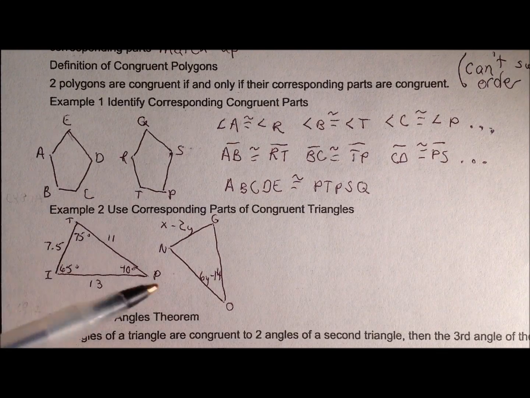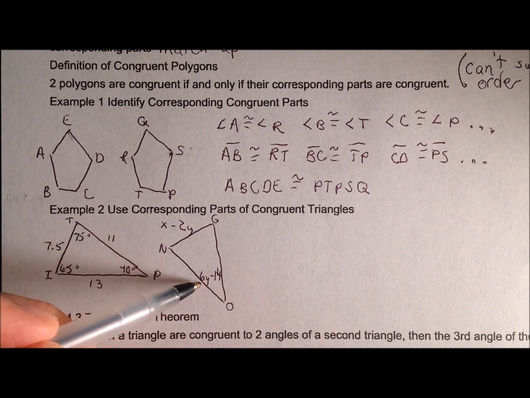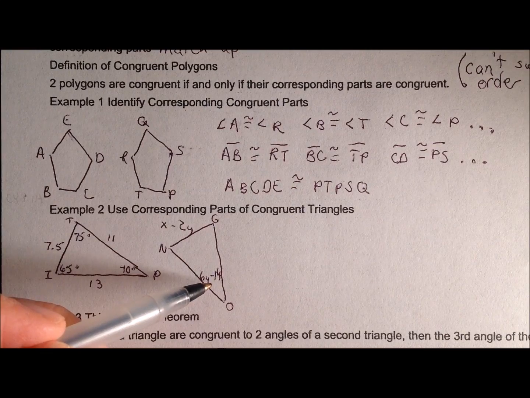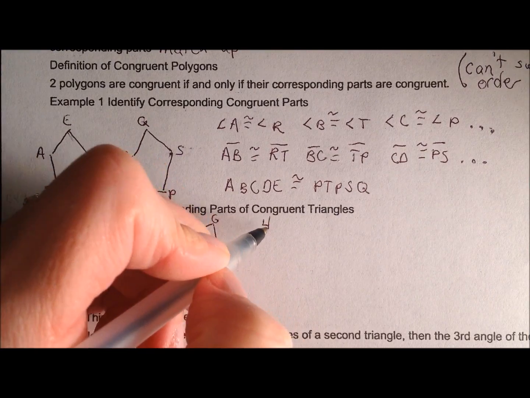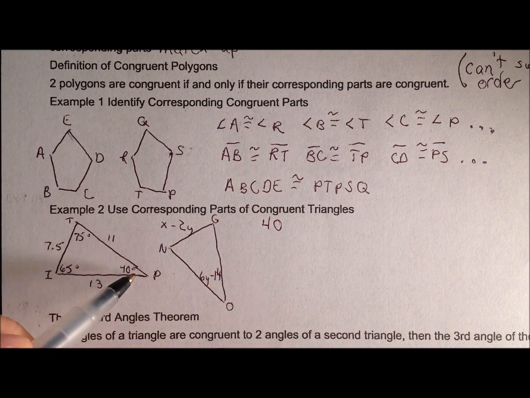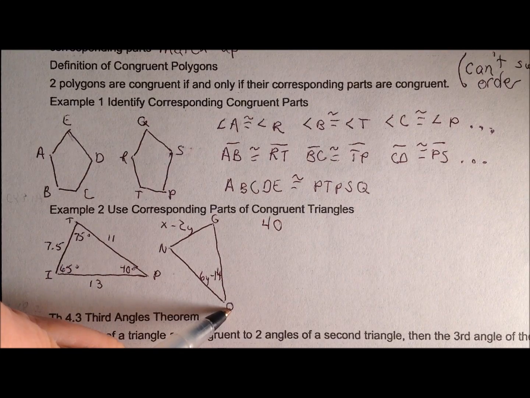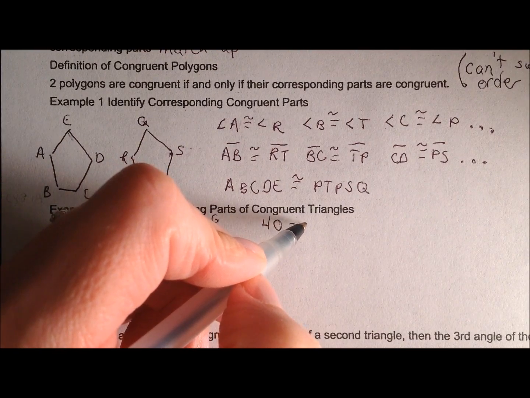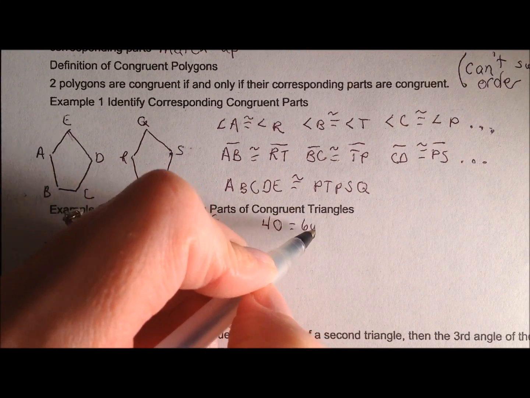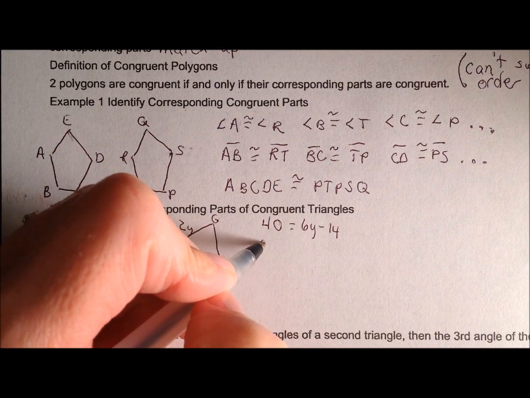So we're going to start off by finding 6y minus 14. We're going to do that because this expression here only has one variable in it. So we start by setting 40, and I chose 40 because that angle P is corresponding to angle O here. So we set 40 equal to 6y minus 14, and we're going to add the 14 to each side.